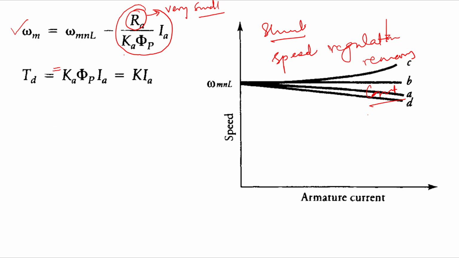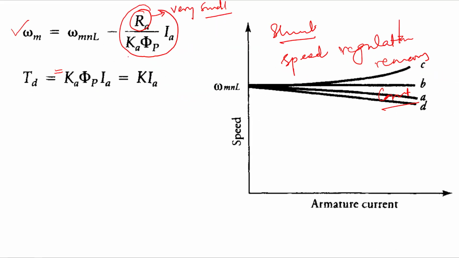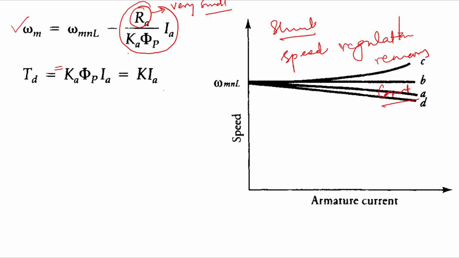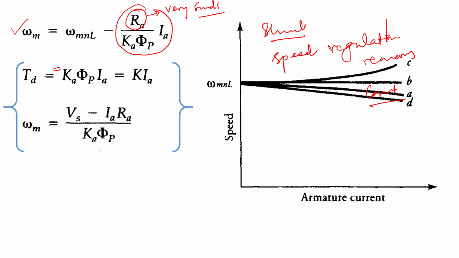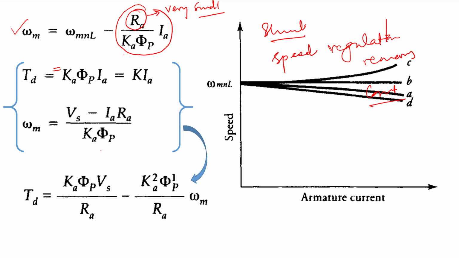Okay. So now the developed torque TD will be equal to K phi p Ia, and that is equal to KIA, right? So already we know this. Now omega m is equal to Vs minus Ia Ra by K phi p, okay. And from these two equations, I can derive torque versus speed.